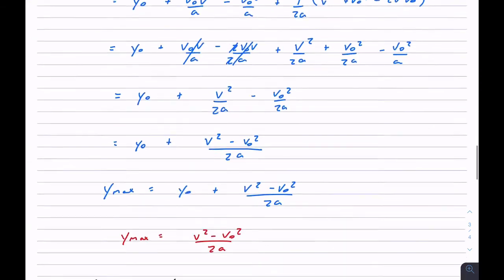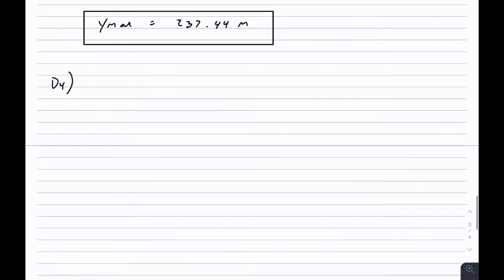So, as in most kinematic problems, we can use the kinematic equations that we know. Recall, y equals y naught plus v naught t plus half at squared. Okay, so we need the time. We know actually quite a bit of this information.